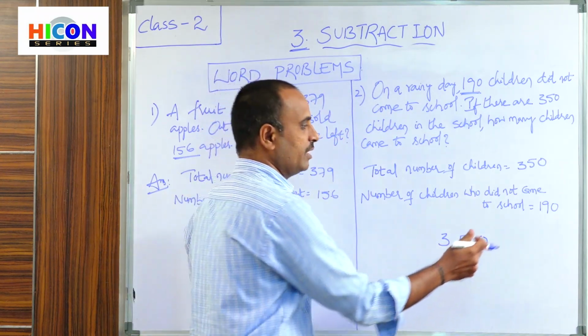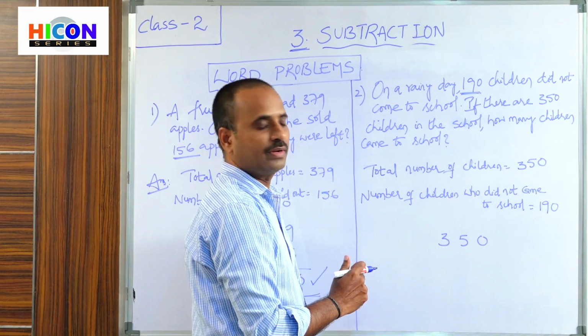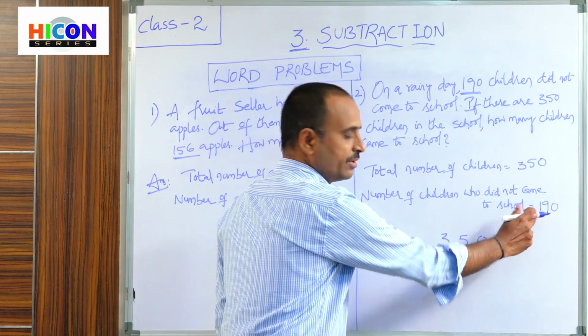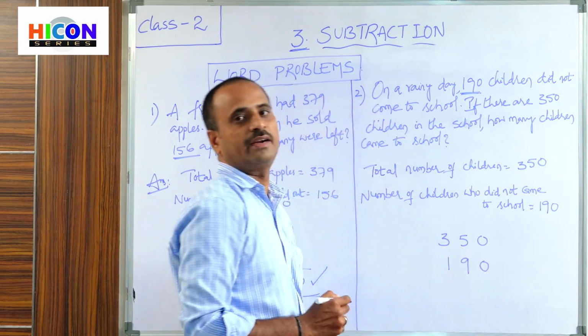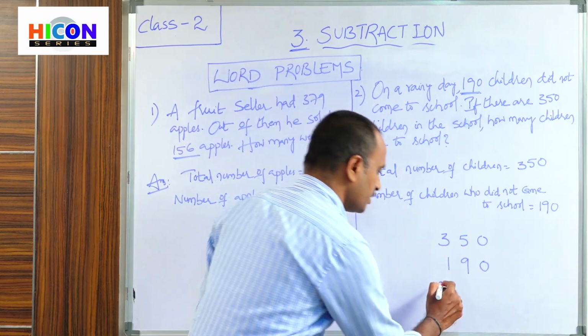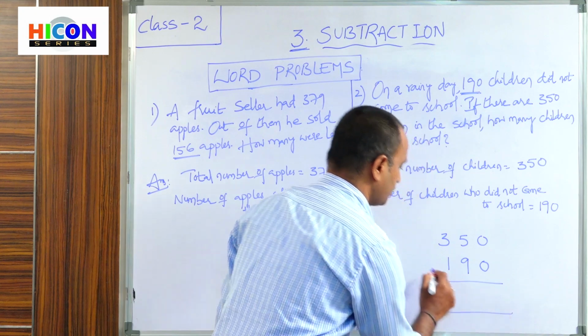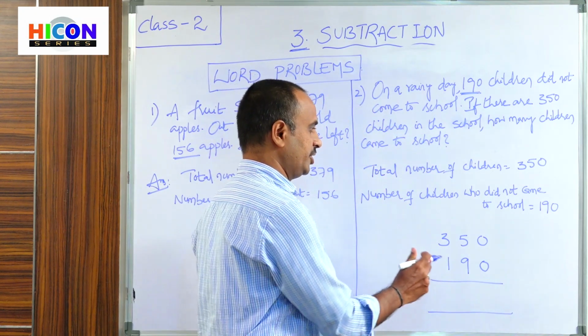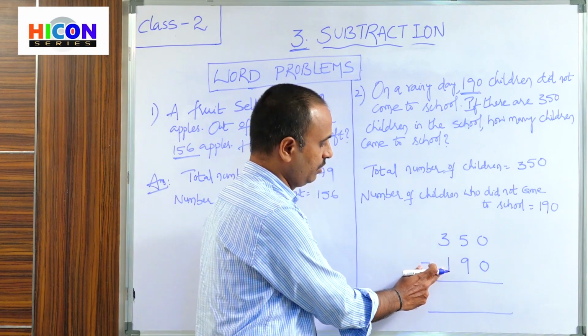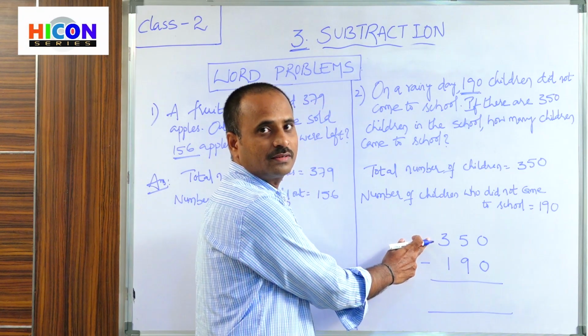And write the smaller number below the greater number. So what is the smaller number? That means 190. So write 190 below the greater number. Now subtract these two numbers. So we are subtracting the children who did not come to school from the total number of children.